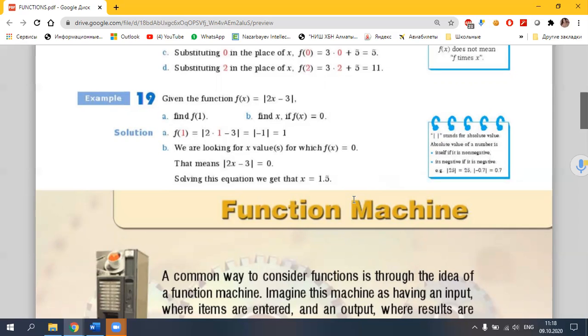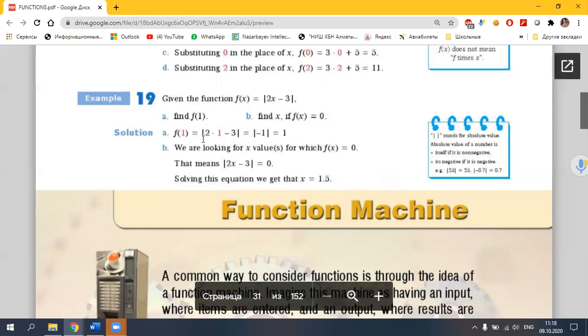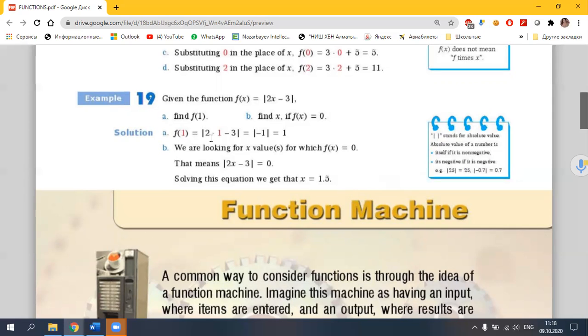F of 1 equals absolute value of 2 times 1 minus 3, equals absolute value of negative 1, equals 1. We only get positive value from absolute value. Не дедік? Абсолюттік шамадан әрқашанда оң сан шығады.